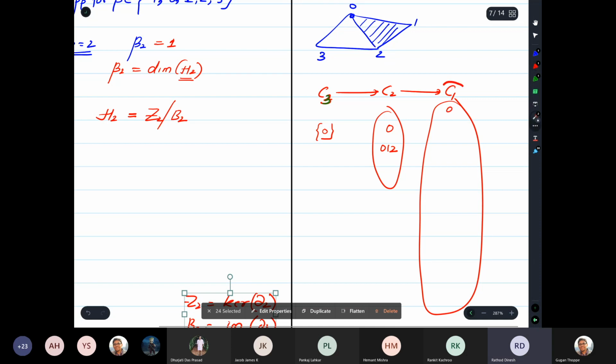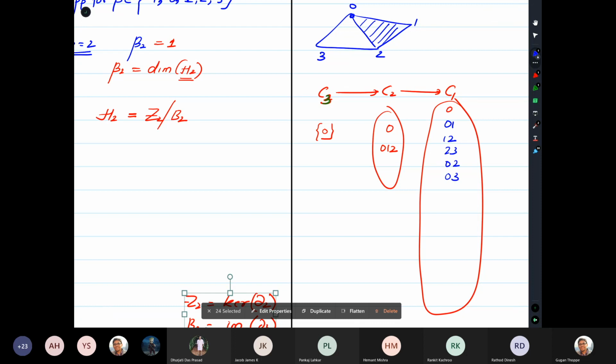See, we are now talking about C1, which is the collection of all one chains. Okay, 0, 1, very good. Then 1, 2, then 2, 3. Let me write all the edges: 0, 2, and what else is remaining? 0, 3. Okay, so these are some of the one chains.